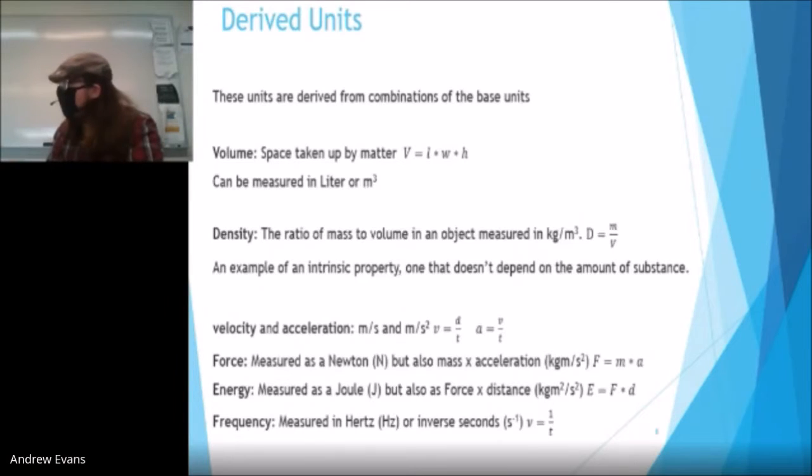However, another common unit of volume we will use will be liters. It's a way we can measure a volume of a liquid more commonly than, say, the volume of a solid. But there is a conversion between the two that I will show you.